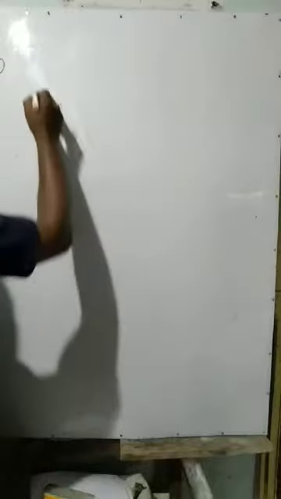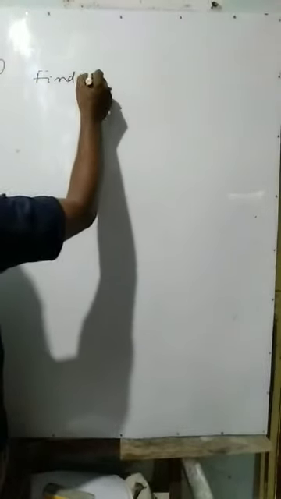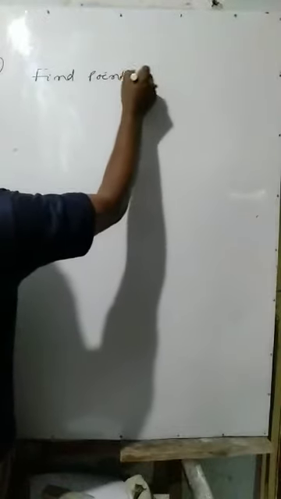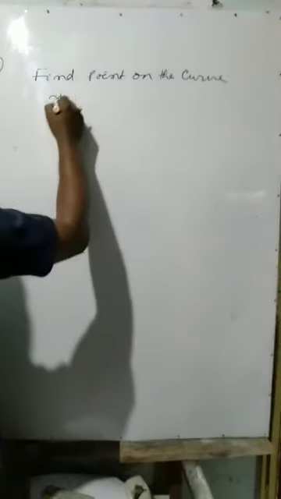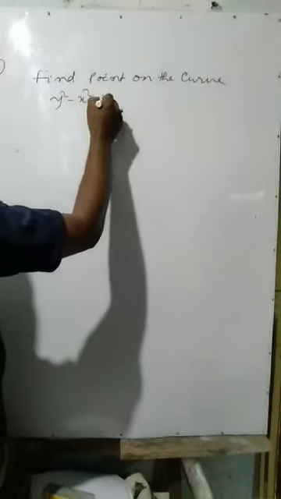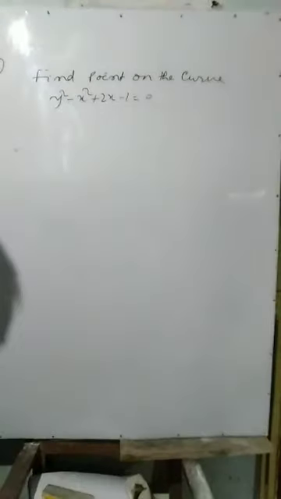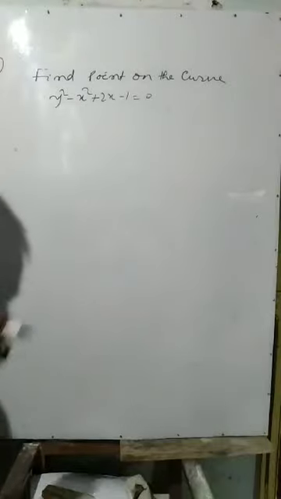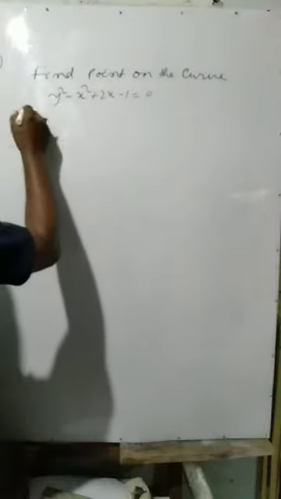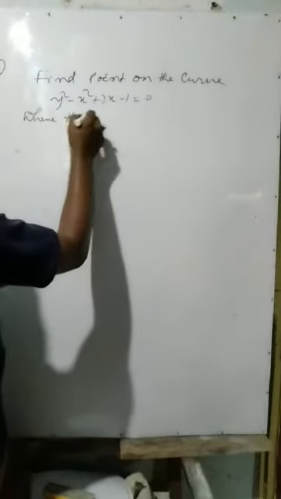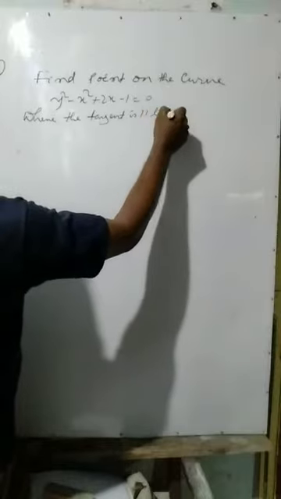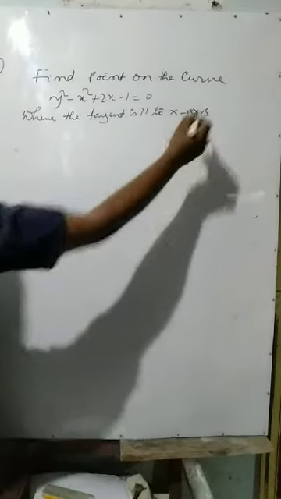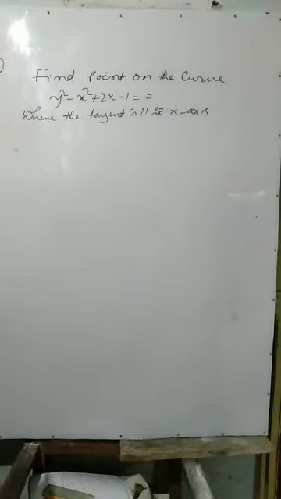Find the point on the curve y square minus x square plus 2x minus 1 equal to 0, where the tangent is parallel to the x-axis. So the tangent is parallel to the x-axis. What is the meaning of this?